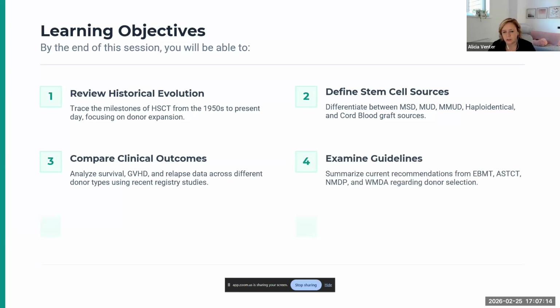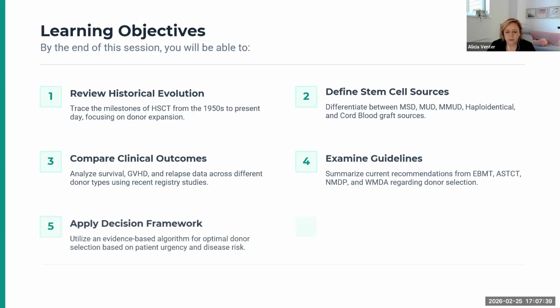But we can't do that without also taking into account that many organizations around the world have also spent quite a bit of time thinking about this and have developed guidance and guidelines and recommendations, specifically EBMT, ASTCT, NMDP, WMDA, and others.